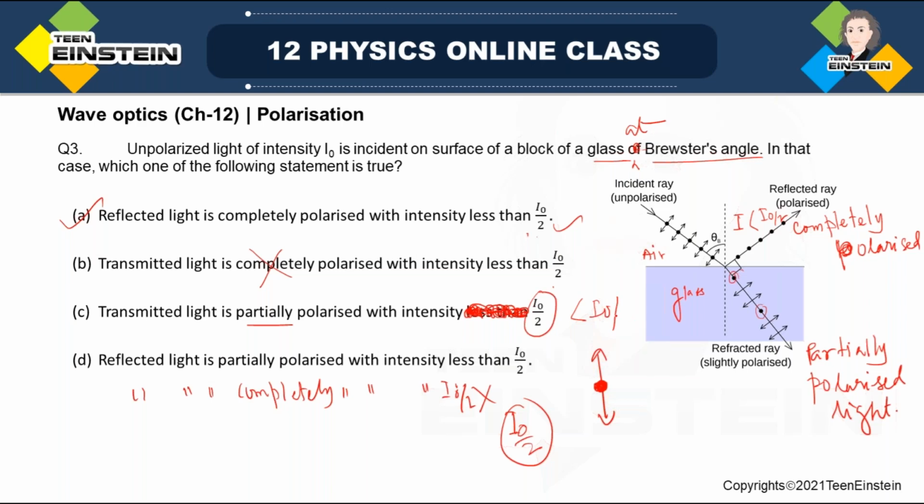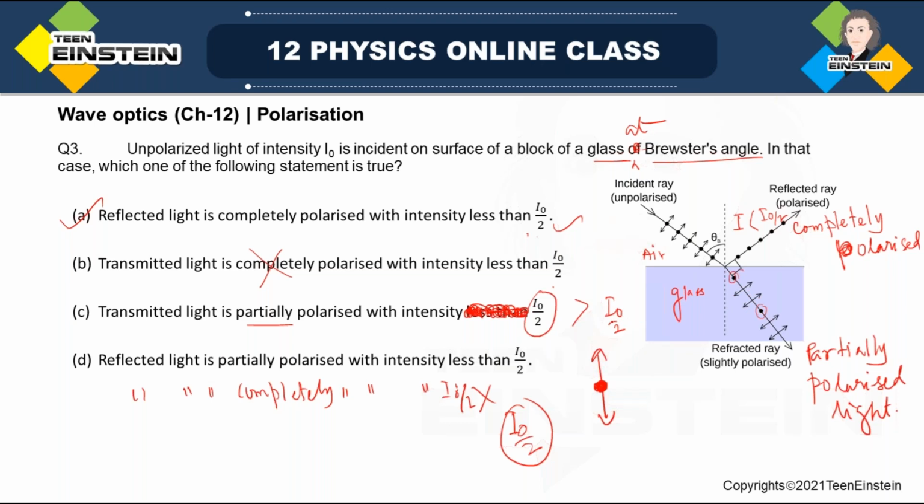Maybe this may be greater than I0 by 2, greater than half. This will be greater than half, not less, because half will be with their own vibration and the different vibrations will be adding to the intensity.